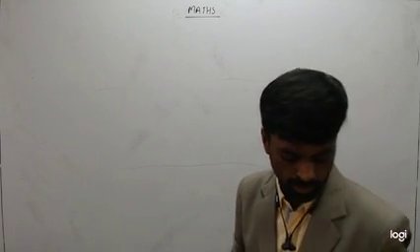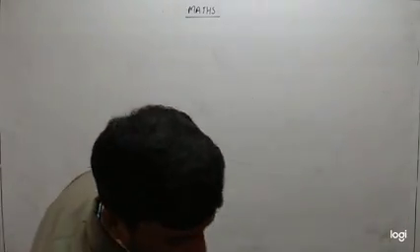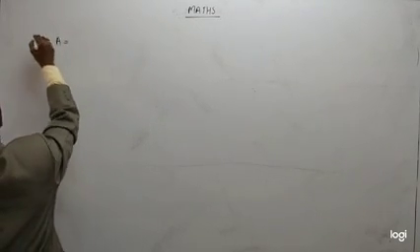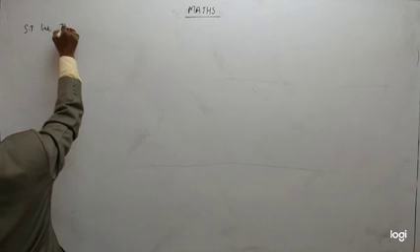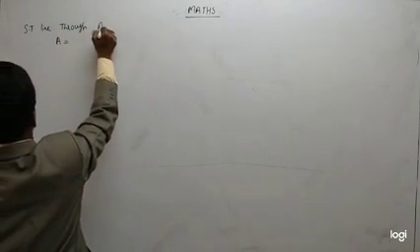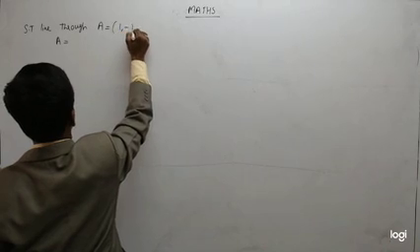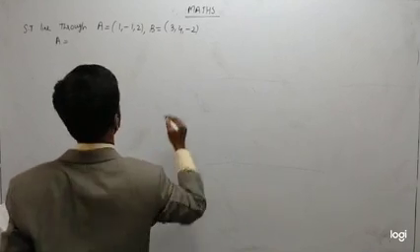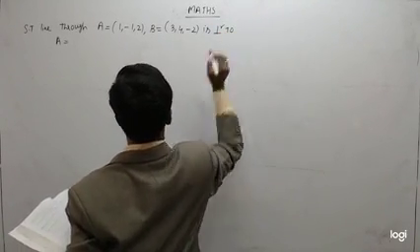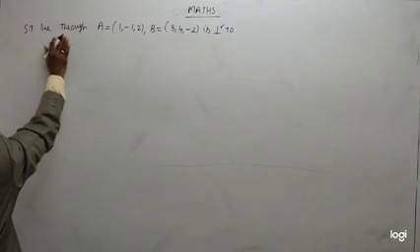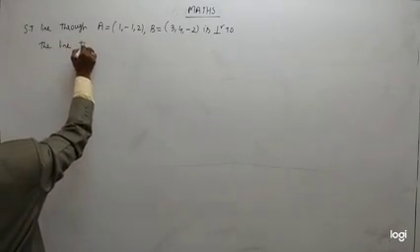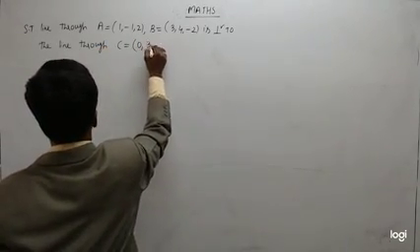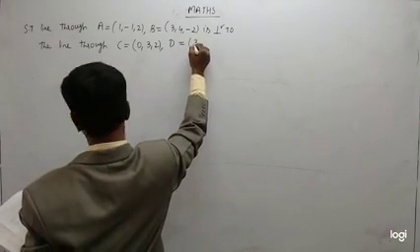So show that the line passing through the points capital A 1, minus 1, 2 and capital B 3, 4, minus 2 is perpendicular to the line passing through the points C 0, 3, 2 and D 3, 5, 6.